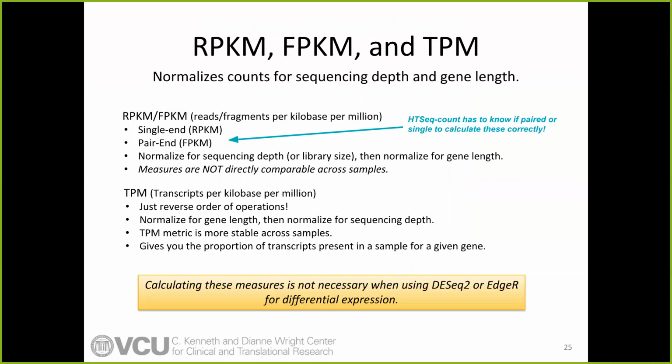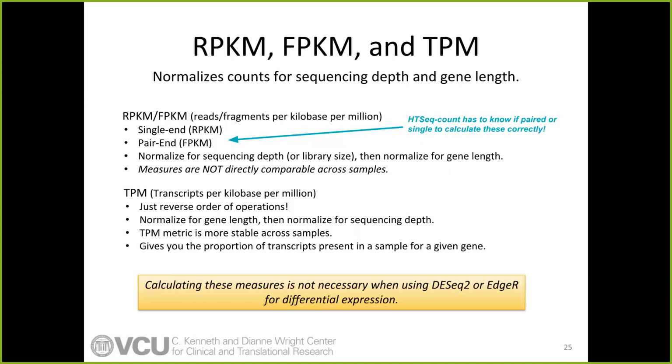Or you can calculate an RPKM or FPKM or TPM value, which are calculated if you're just looking at the absolute gene expression, so it's not relative to anything. And the reason why you want to calculate these is because each gene is a different length, so you need to normalize for the size of a gene.